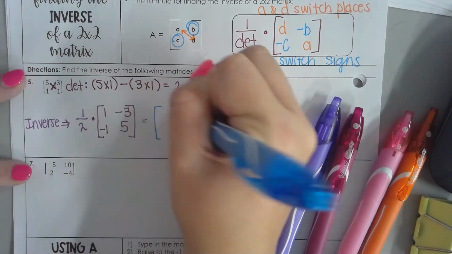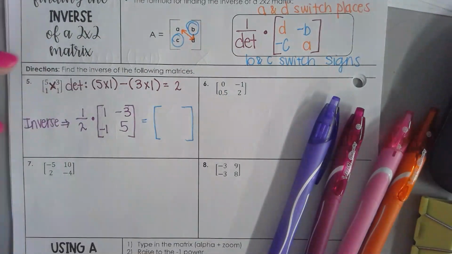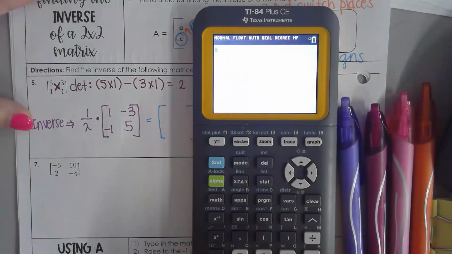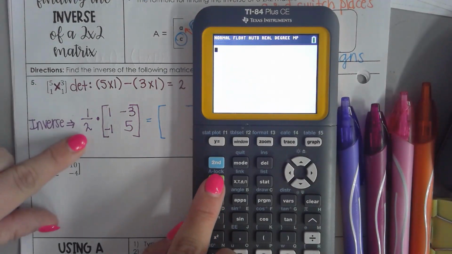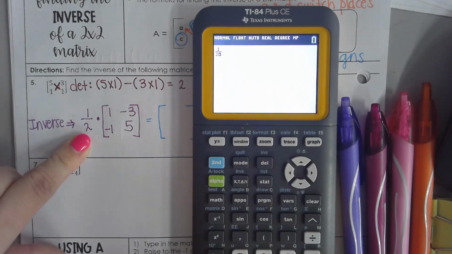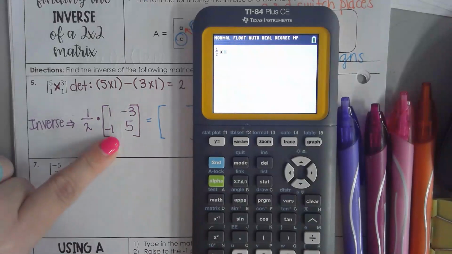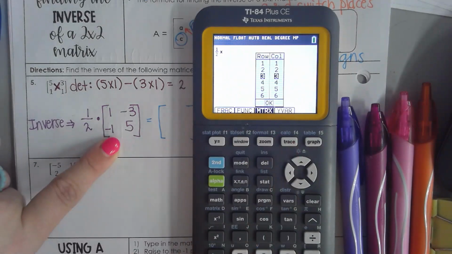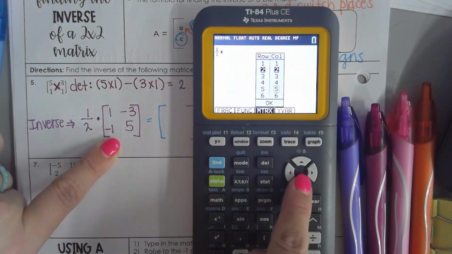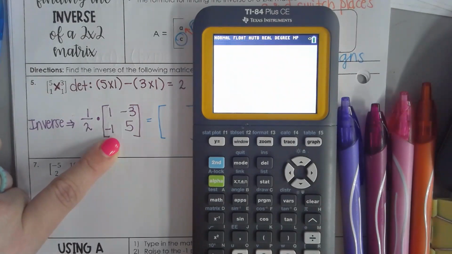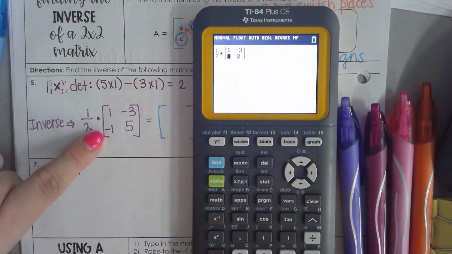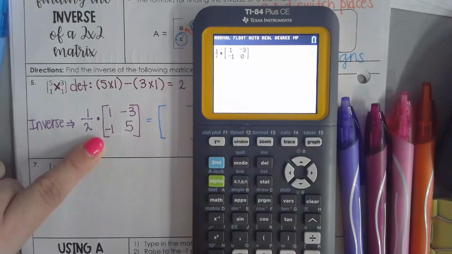And then we're just going to type that in the calculator. To get my fraction, alpha y equals, 1 over 2 times, alpha zoom to get my matrix. 1, -3, -1, 5.